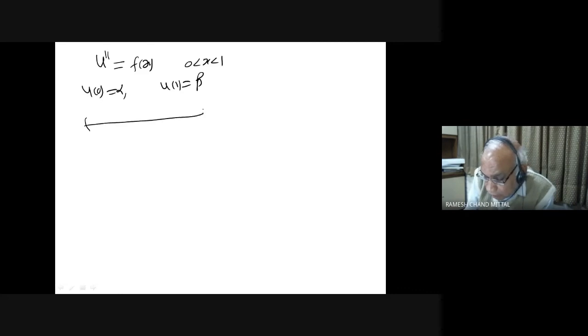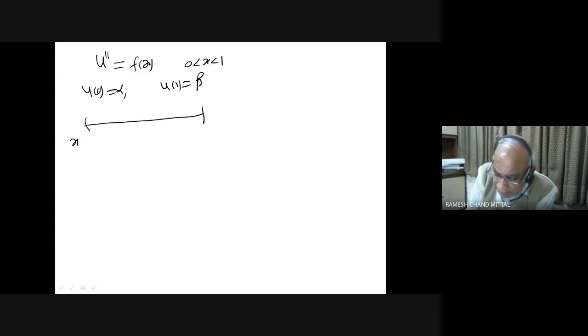So I'm given this problem, and this is between 0 and 1, and I have u0 equal to alpha, u1 equal to beta. My intention is to use a local method so that I can easily solve the system.